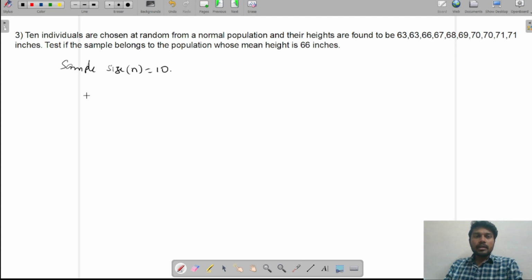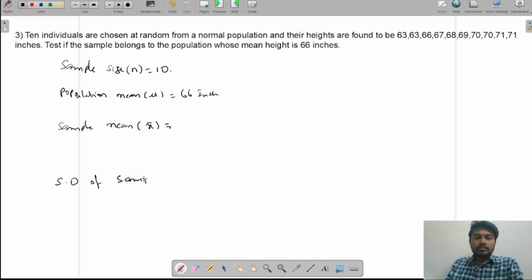And the population mean mu equal to 66 inches is given. Now we require the value of the sample mean x bar, and also the standard deviation of the sample.